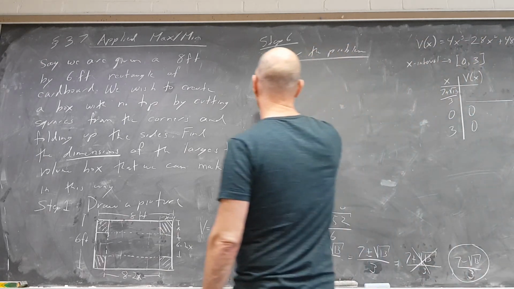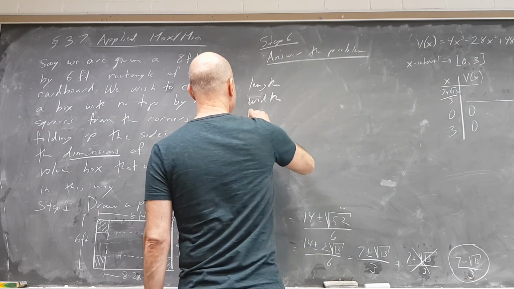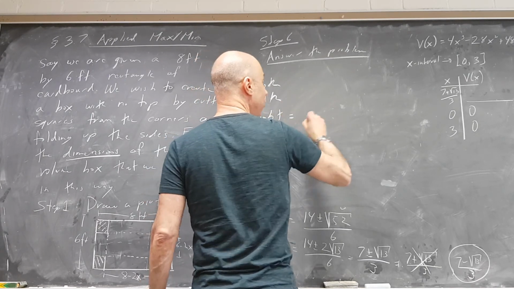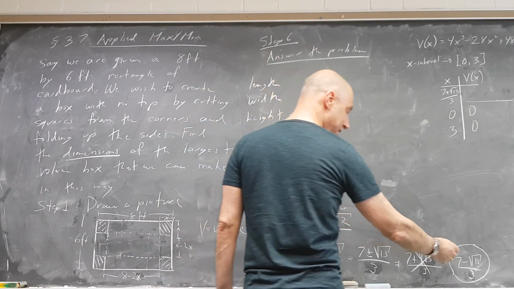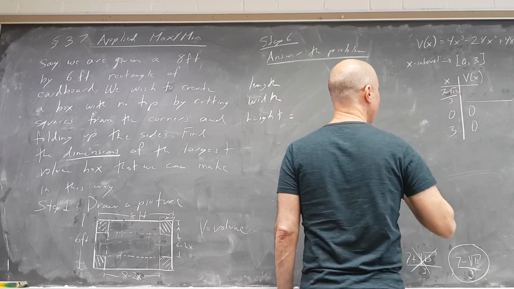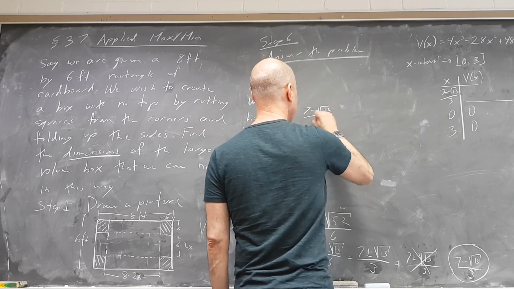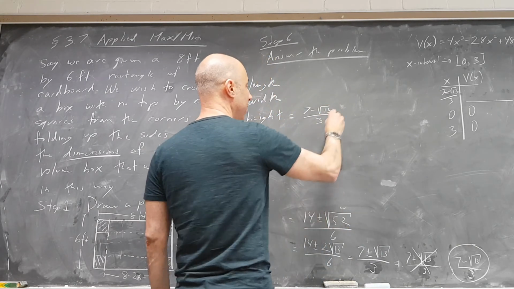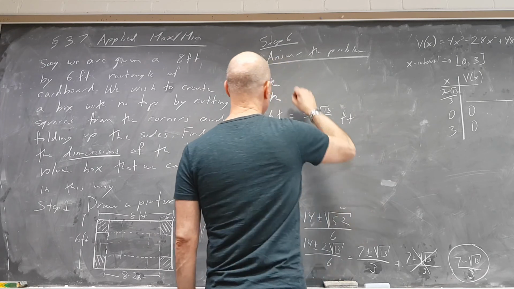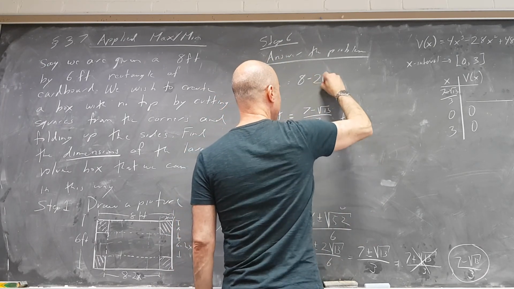So the length, the width, and the height. Well, the height is just x. That is just 7 minus root 13 over 3, and that's in feet. And the length is, we know, 8 minus 2 times this number.